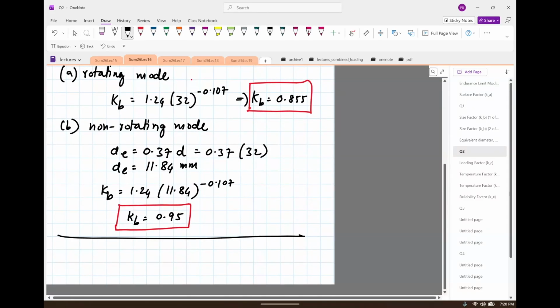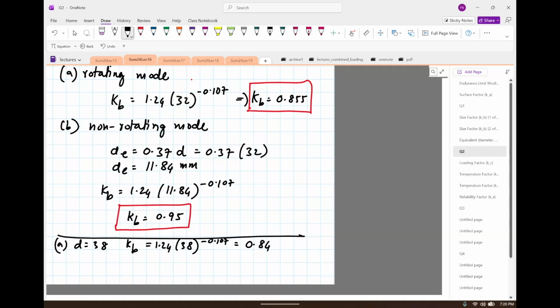So for A, let's choose D equals 38. If we use 38, we get KB equals 1.24 times 38 to the power of minus 0.107. Let me just quickly compute this value. 0.84.